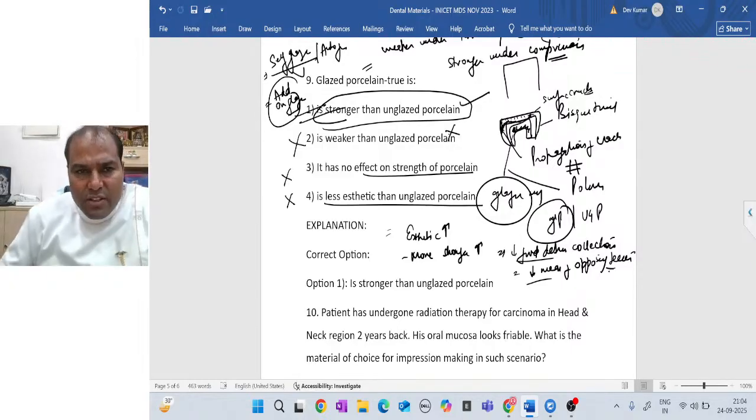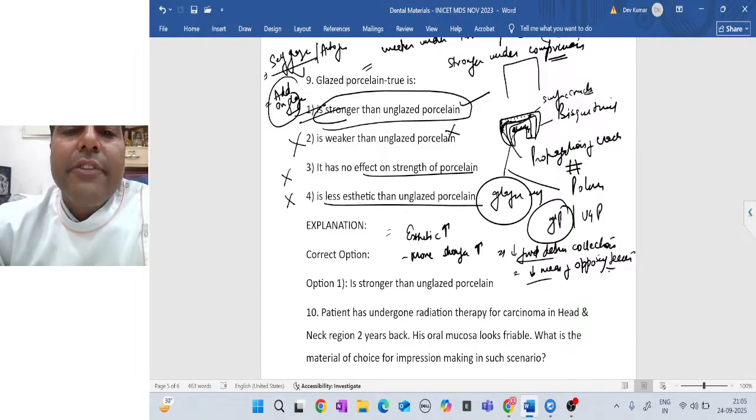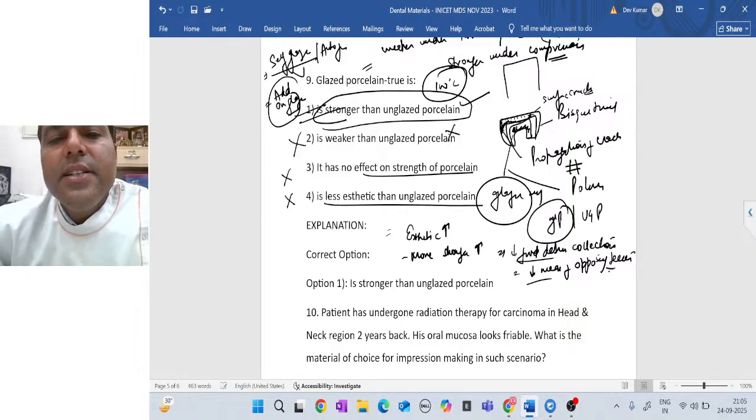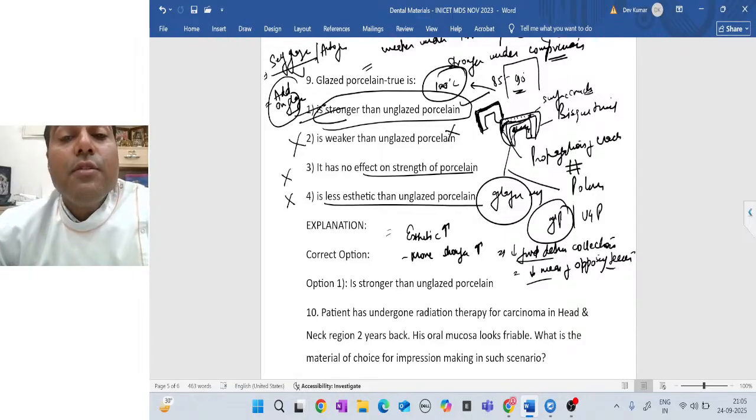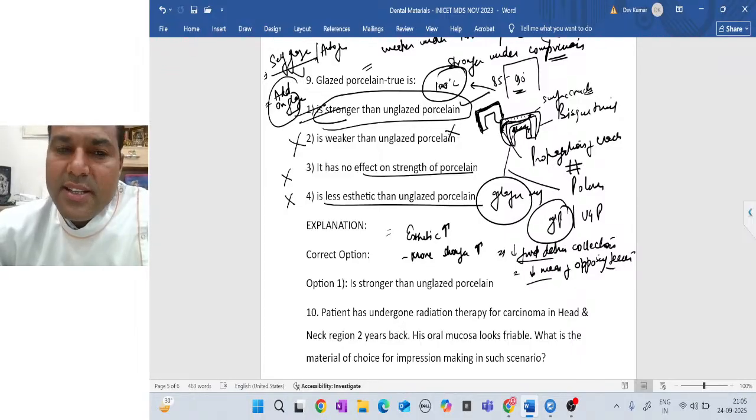And self glaze or auto glaze is that, for example if 100 degree Celsius is the melting point of porcelain, तो हम क्या करते हैं, हम इसको 85 to 90 near the melting point ले के जाते हैं. सो होता क्या है, जो outermost layer है वो मेल्ट हो जाता है. टोटल लेयर का जो outermost layer है हम फर्नेस में जब डालते हैं तो हम उसके मेल्टिंग पॉइंट तक नहीं, but very close to the melting point, so it doesn't melt. सो glass होता है तो the outer surface melts and gives it a beautiful glazed appearance. It is more permanent. In add-on glaze we use special powder liquids added on to the surface and then we give a glazing cycle.